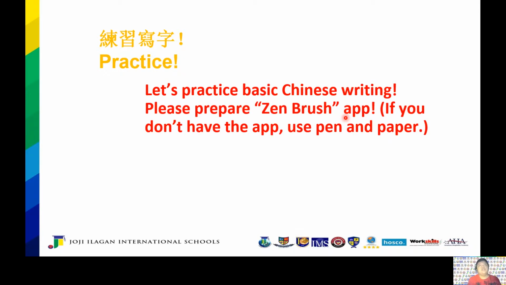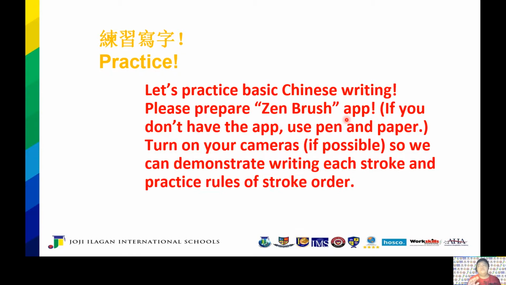Okay, let's go to the first. If you have the app called ZenBrush, use the ZenBrush app. If you don't have the ZenBrush app, don't you worry, you can also use pen and paper for this exercise or this online exercise we have here. If you're watching us live on YouTube, get a pen and paper para practice tayo magsulat ng Chinese characters. I know we're asynchronous, but if we were synchronous, we can turn on your cameras.